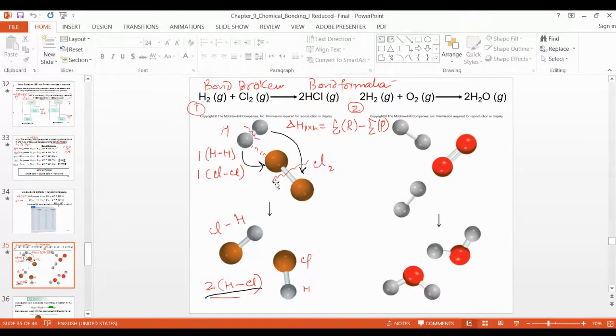This is broken and this is broken, and this Cl-H is formed, this Cl-H, which means 2 HCl are formed. But in case of water, as I already explained, 2 O-H is already there and multiplied by 2, which means 4 O-H are formed. This is the way. If I remove 2 from here, then only 2 O-H is there.